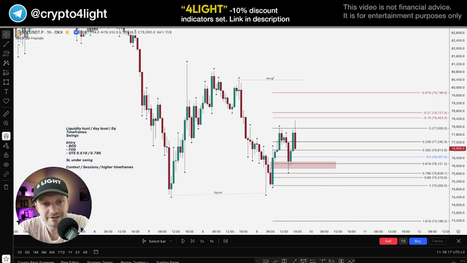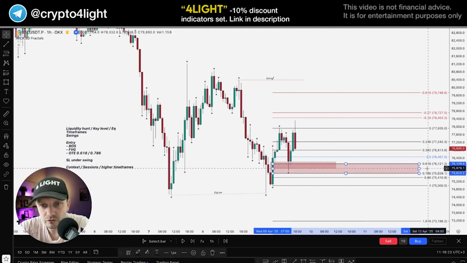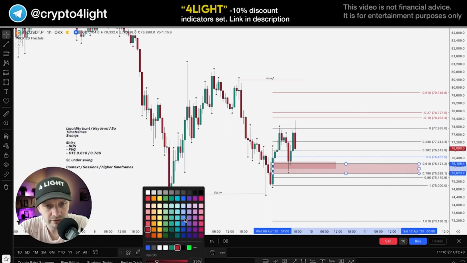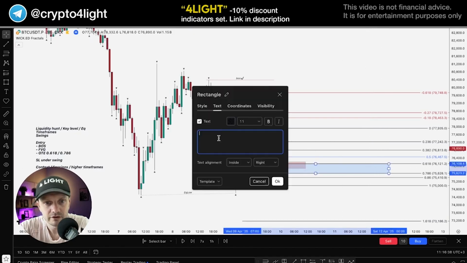So it's not some one level; it's a zone between these two. So it could be the logical entry. Let's mark it like a blue one. So this is a fair value gap. This is a logical zone. So it's optimal trade entry, OTE. Let's mark it OTE 1 hour.